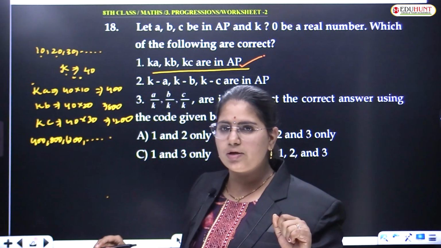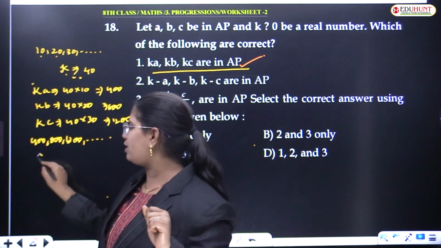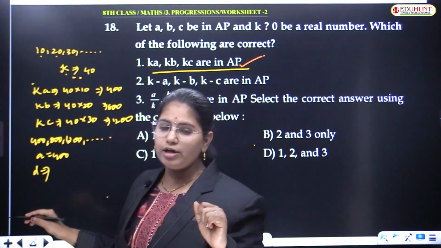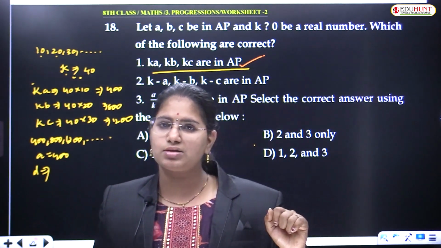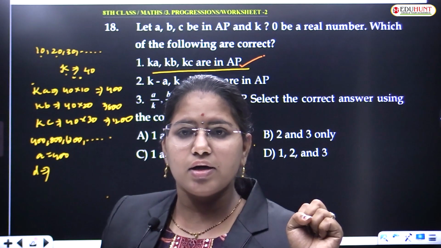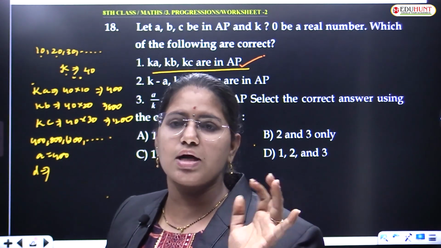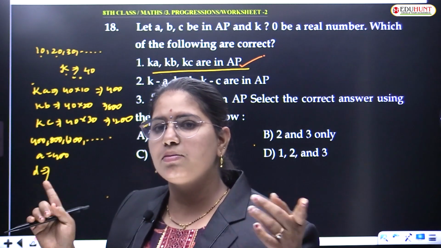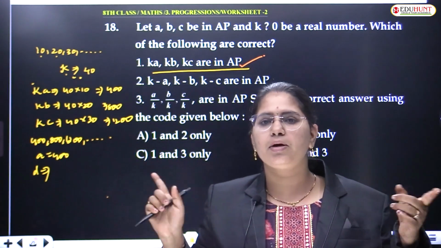Now please tell me, the first term is 400, and when you say those terms are in AP, you find a common difference. How do we get the common difference? Subtraction of second term minus first term, similarly third minus second.